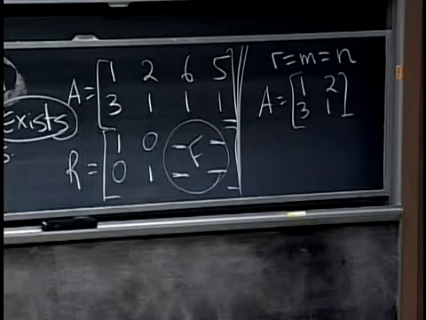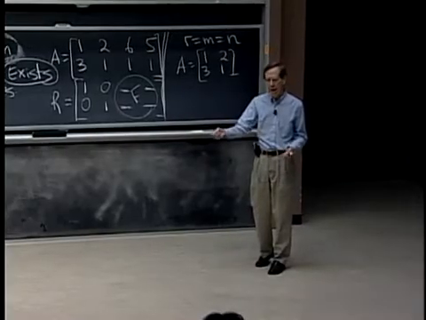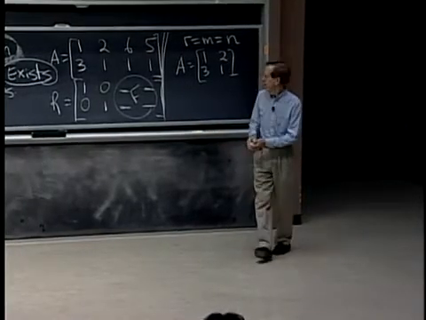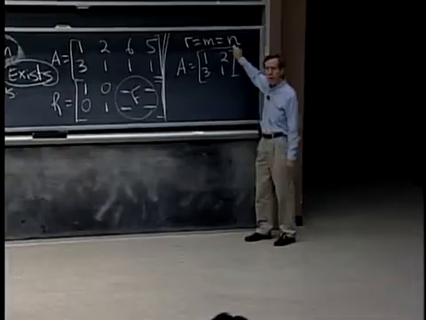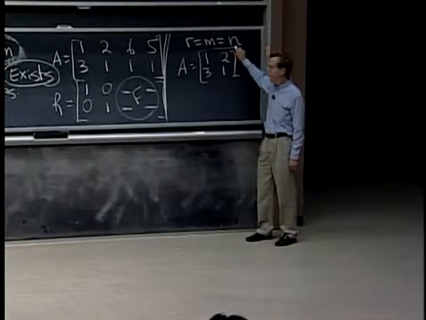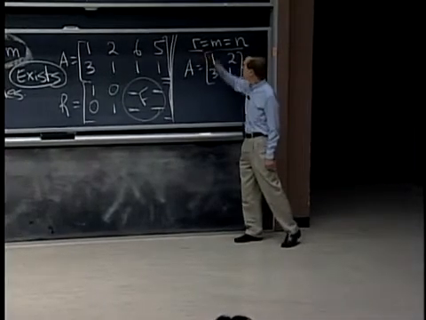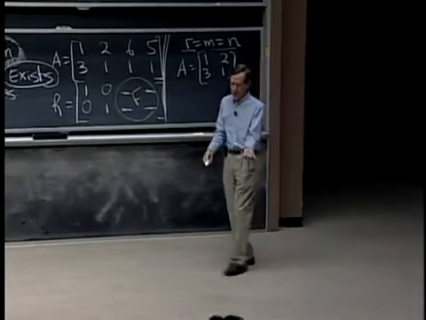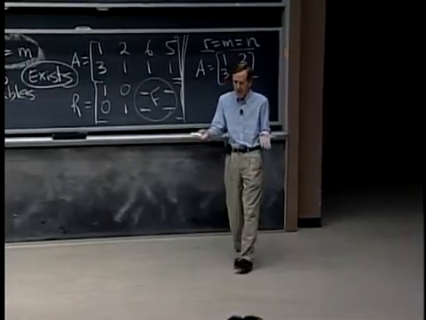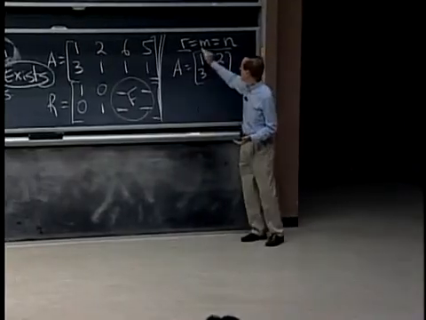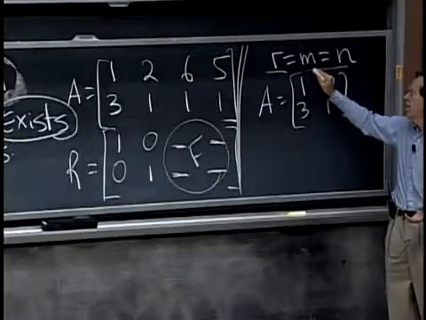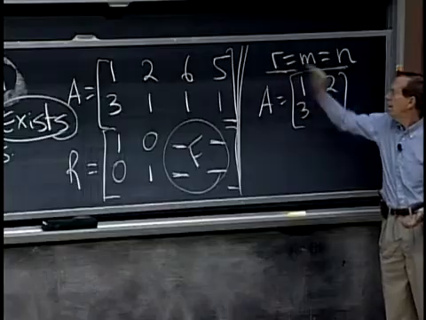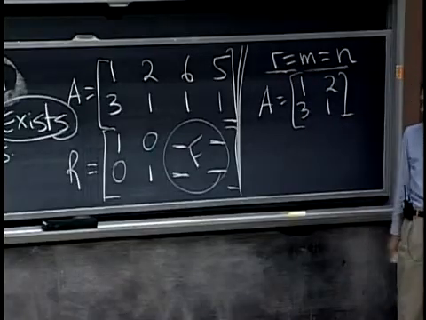Tell me how do I describe a matrix that has rank R equal M equal N? So the matrix is square, right? It's a square matrix. And if I know its rank it's full rank now. I don't have to say full column rank or full row rank. I just say full rank because the column count and the row count are the same, and the rank is as big as it can be.